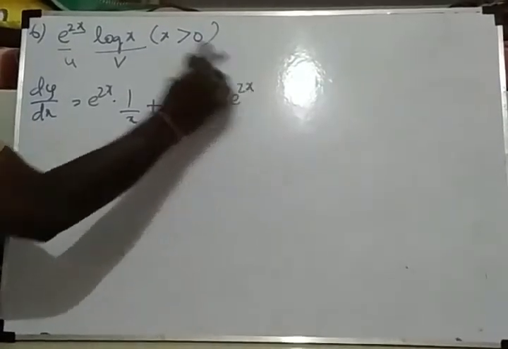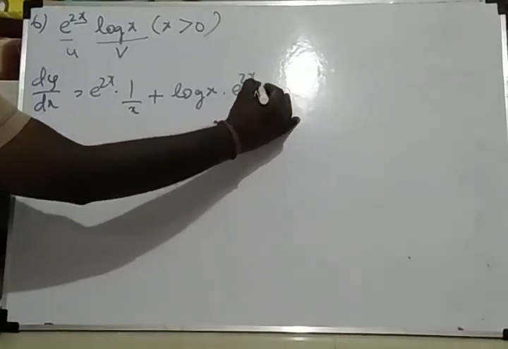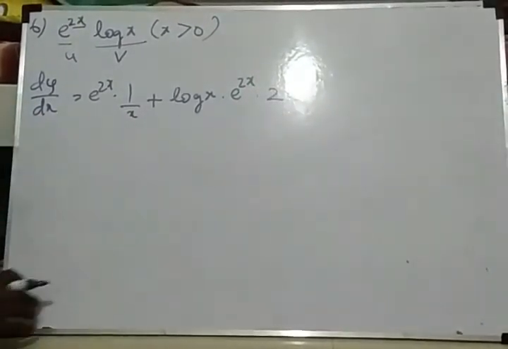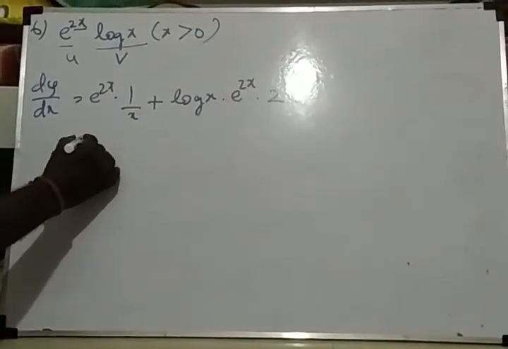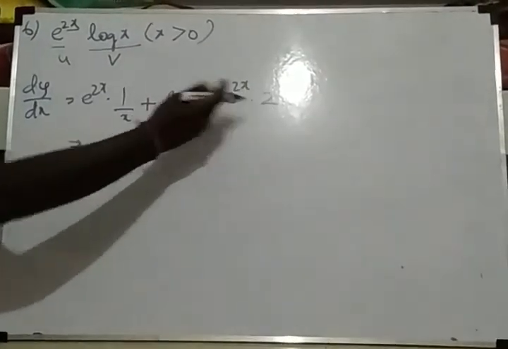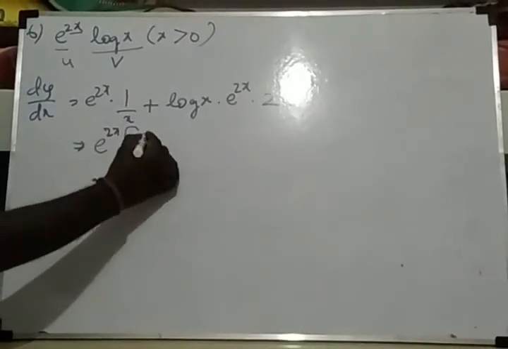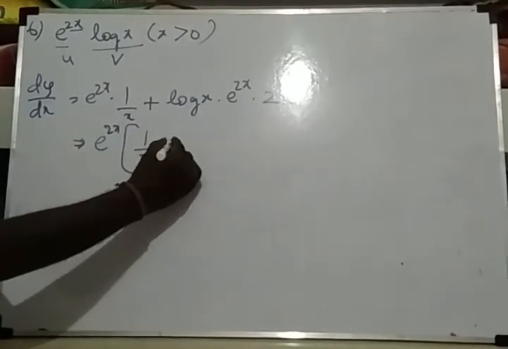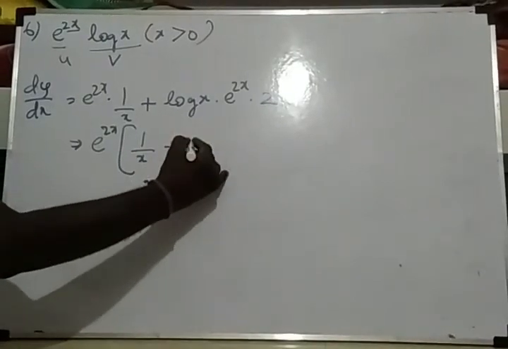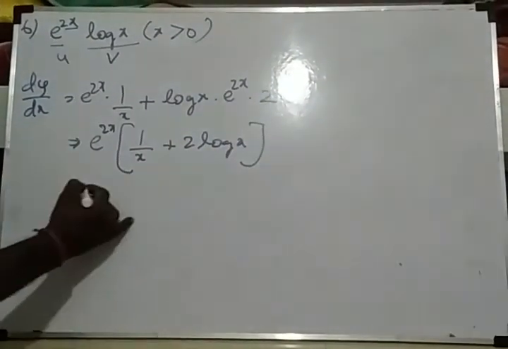Now we have to go for 2x, which is 2. That is equal to, simplifying, e to the power of 2x common, taking it out, you get 1 by x plus 2 log x. That is it.